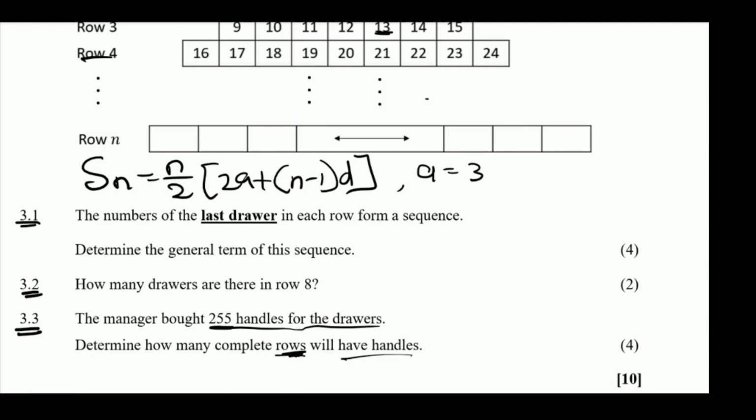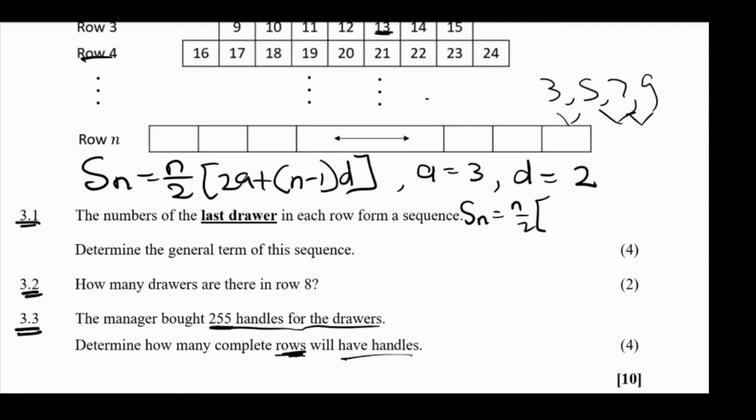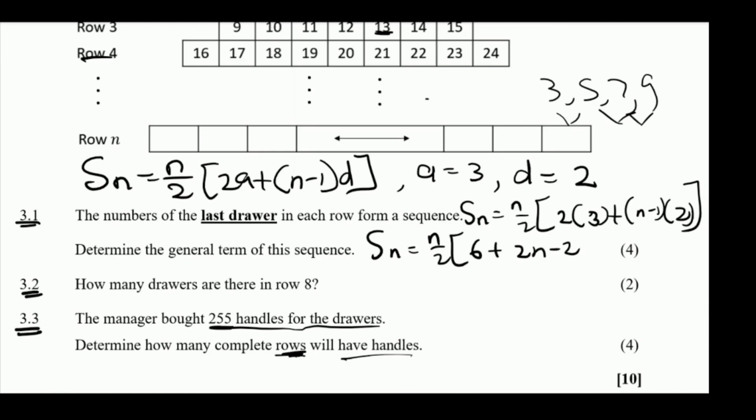Remember in the previous question we had 3, 5, 7, and 9, and we calculated the difference to be 2. So we substitute that in the sum: Sn equals n over 2 times (2 times 3 plus (n minus 1) times 2). Sn equals n over 2 times (6 plus 2n minus 2).